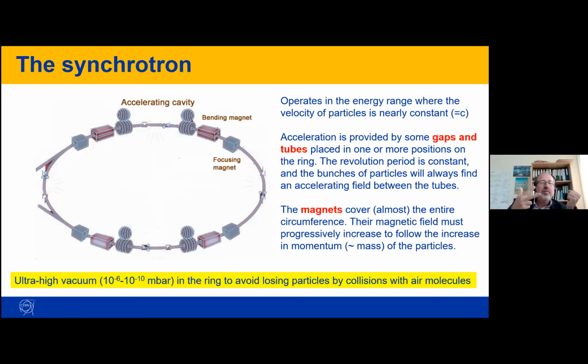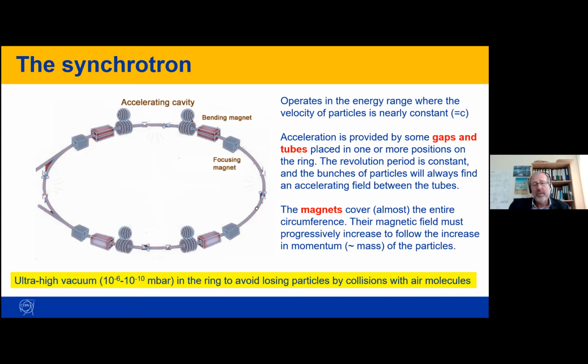And then the third element of the synchrotron are the focusing magnets. Quadrupoles, usually, as you've seen before, and they keep the particles on a closed trajectory. The synchrotron can be bigger and bigger, and the largest synchrotron in the world is the Large Hadron Collider, which is 27 kilometers in circumference.